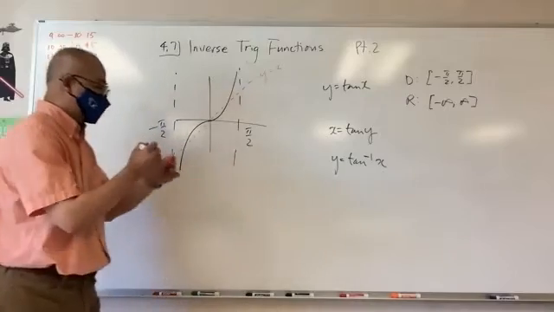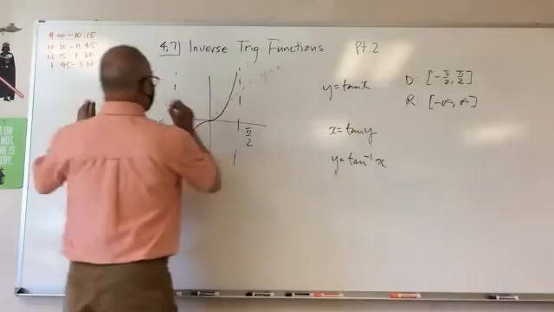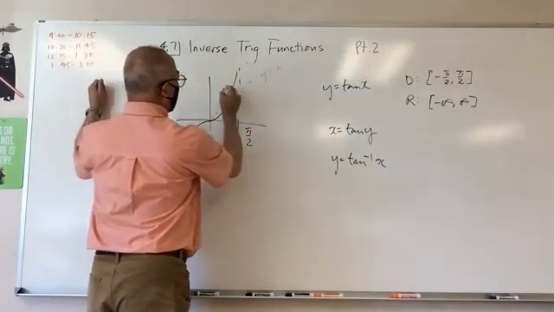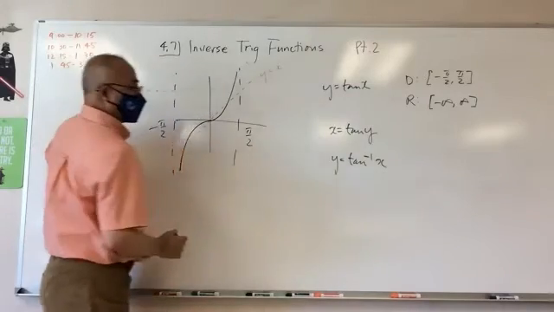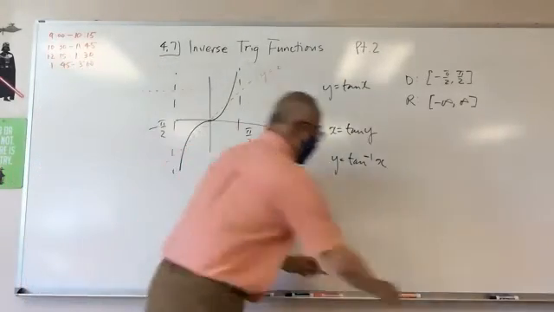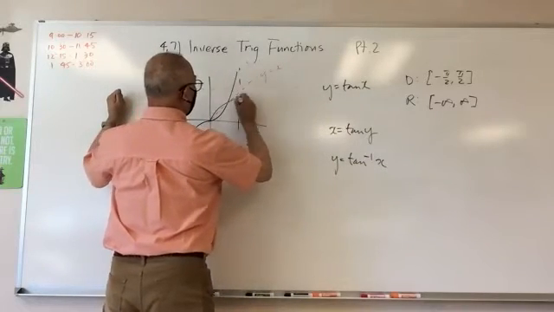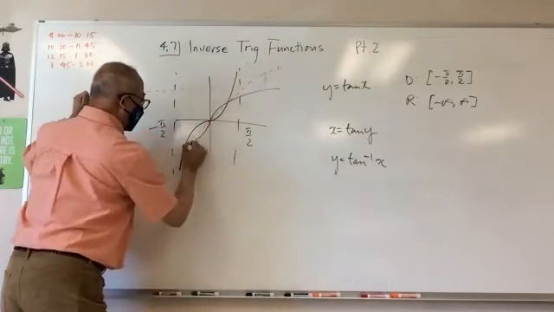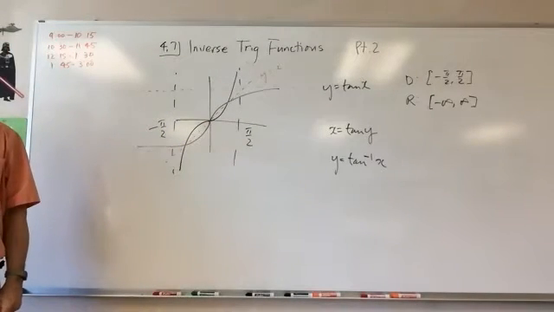I'm going to have an asymptote that runs across this way, and the graph itself runs like that. Make sense?